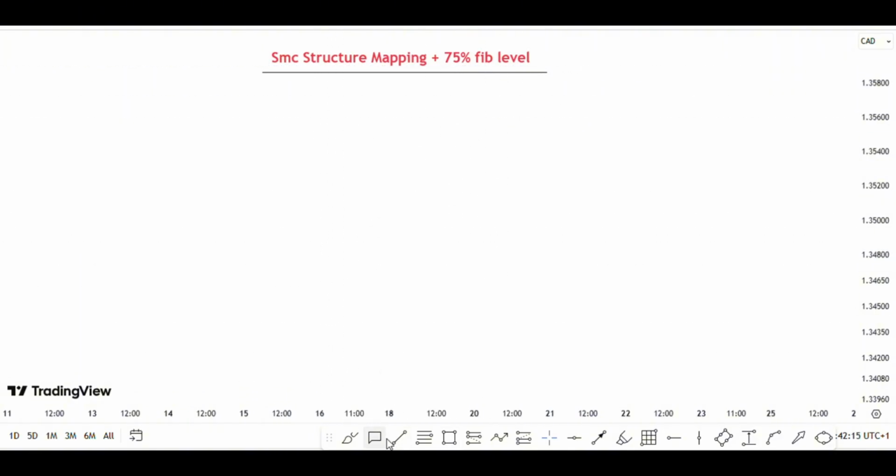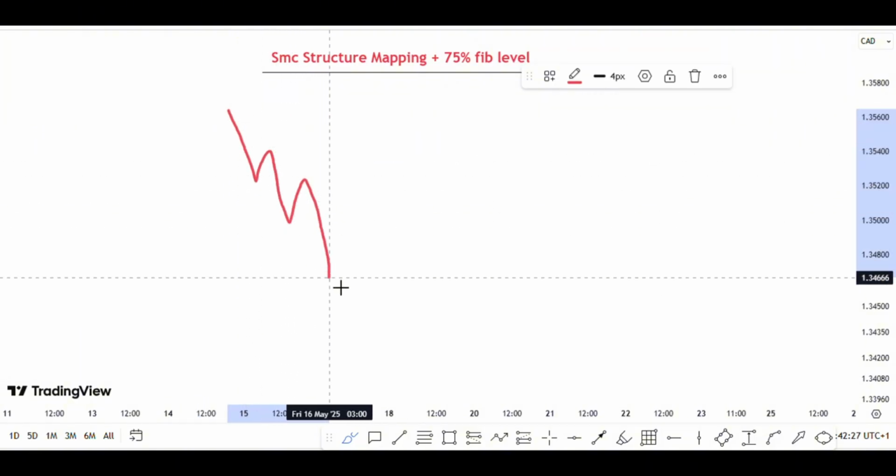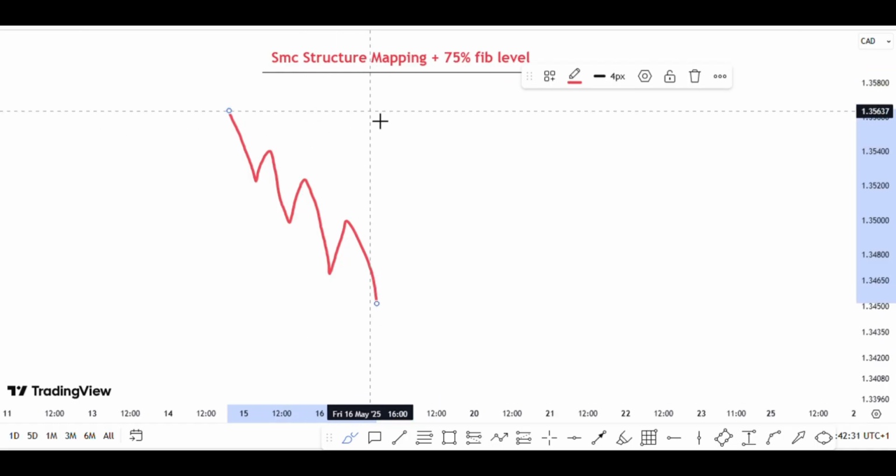I will illustrate it here, and then I'll go to the chart and also give you a real chart experience. So let's say we have a structure like this. First of all, we need to understand our trading range before we apply the 75% Fibonacci.